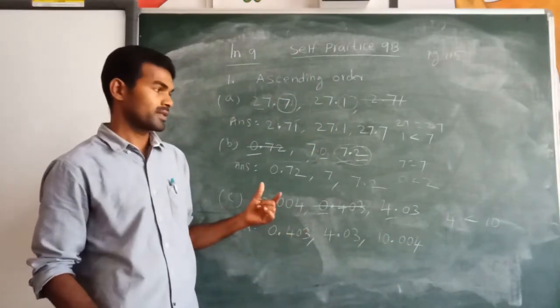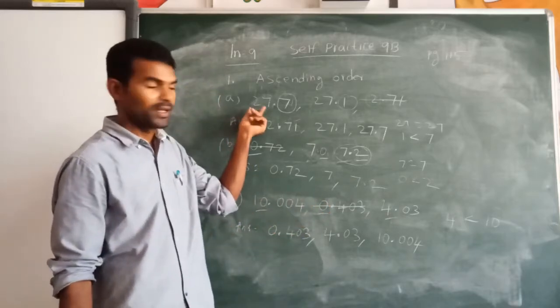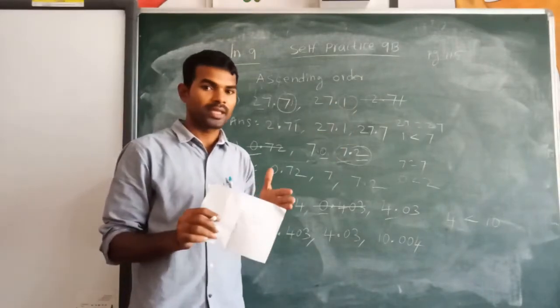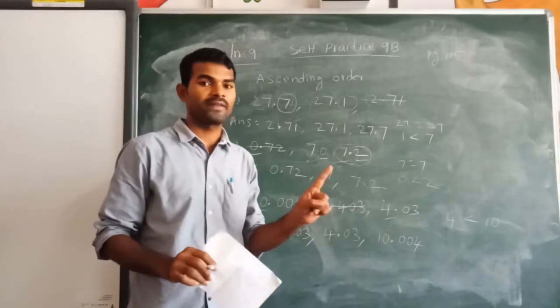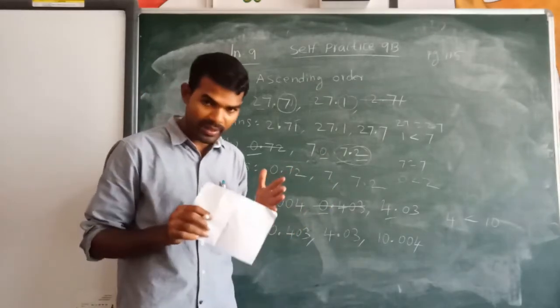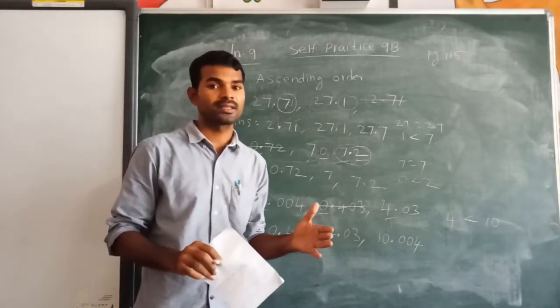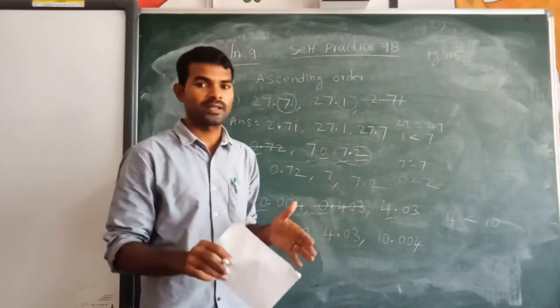First we have to compare the whole number. If the whole number is equal, then see the first place after the point, the tenths place.